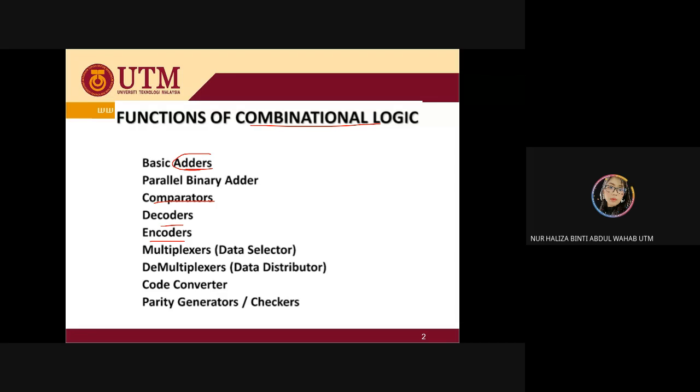This is normally for your calculator, then multiplexer and demultiplexer, code converter, parity generators and checkers. And I can see there are a lot of questions coming from this module 6 in your part A.